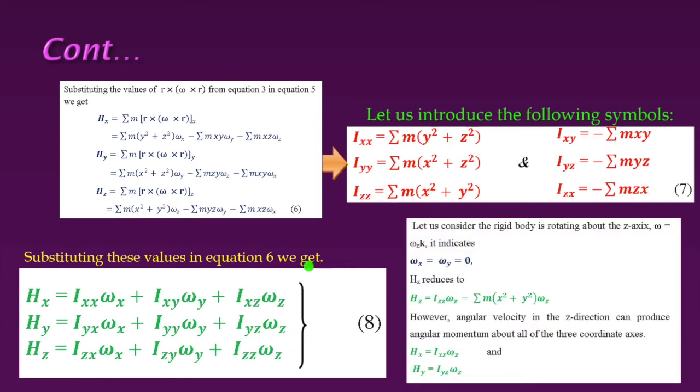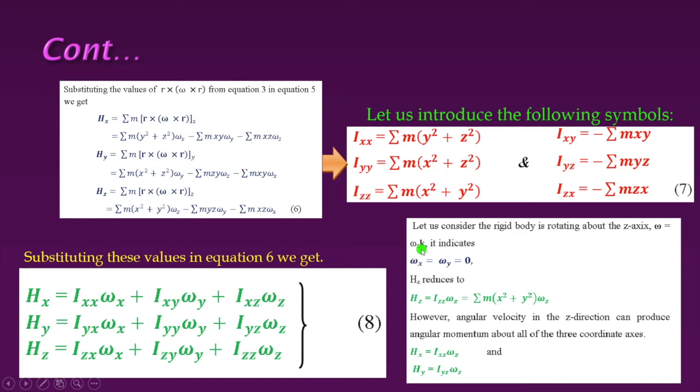You notice that we have three different components of angular momentum, Hx, Hy and Hz. Now let's consider the rigid body is rotating about only the z axis. It is rotating about the z axis, which means the direction of omega is along the z axis, or unit vector is k.